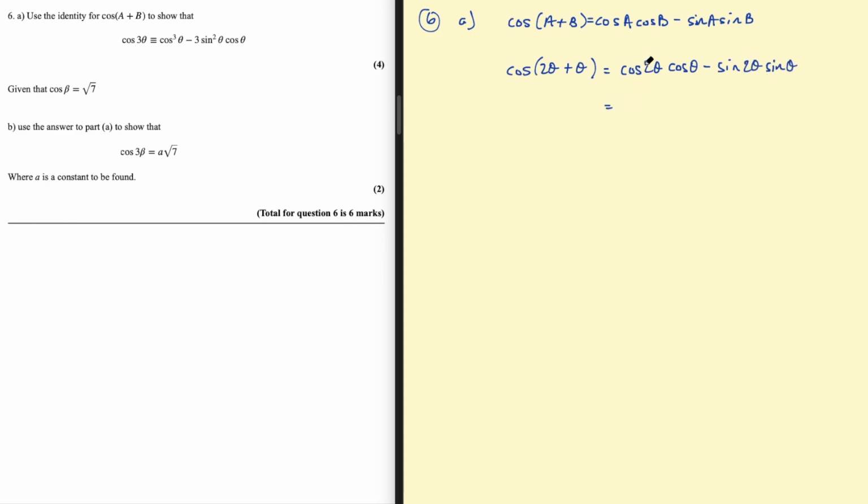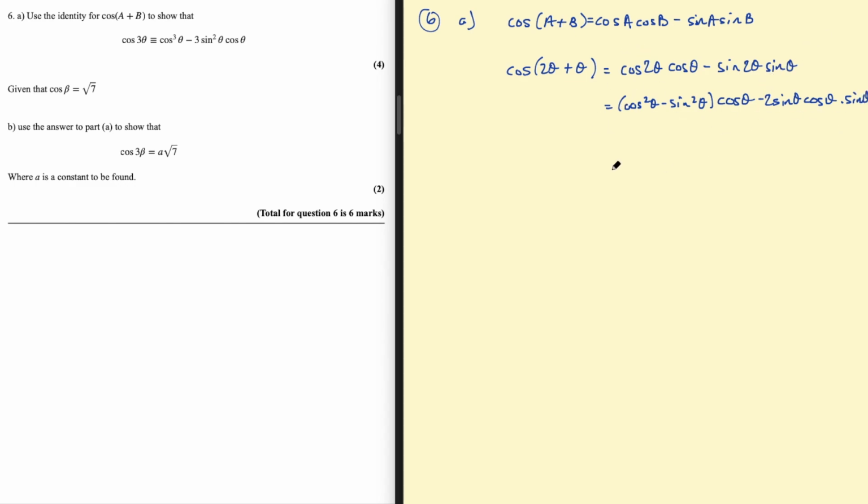And then we want to use the double angle formulas. One of the identities for cosine 2 theta is cosine squared theta take sine squared theta. This is multiplied by cosine theta, and the only identity you need for sine 2 theta is 2 sine theta cosine theta multiplied by sine theta.